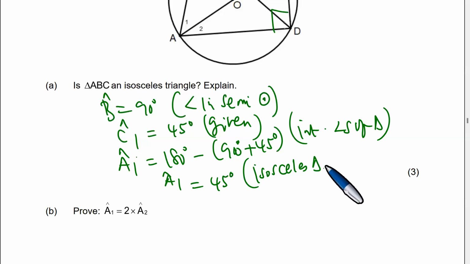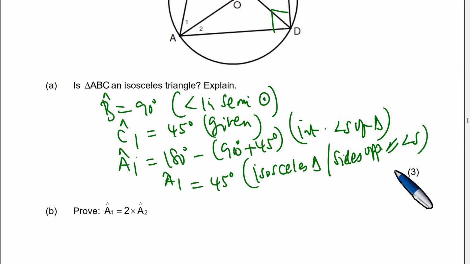Isosceles triangle, which is sides opposite equal angles. Right.